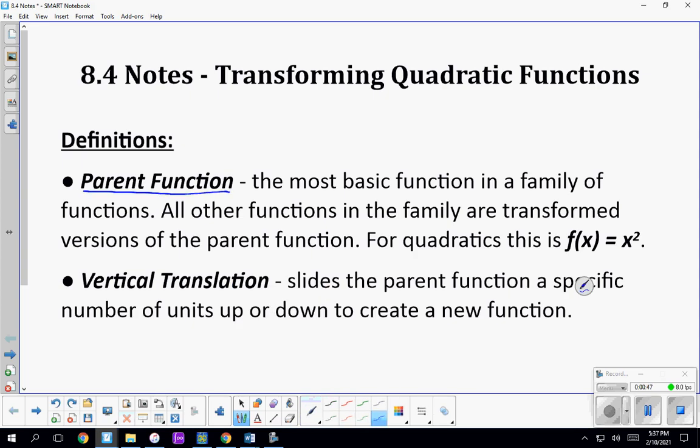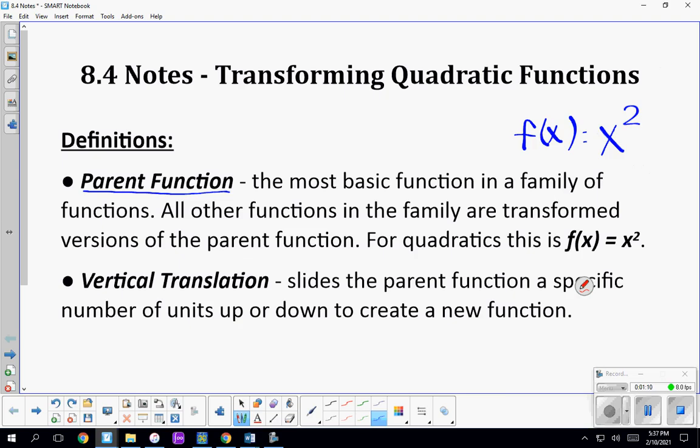We saw this word parent function when we dealt with linear functions. For a linear function, f of x was equal to x because it just had to be to the first power. Now we're dealing with quadratic functions, so our parent function must have x to the second power.